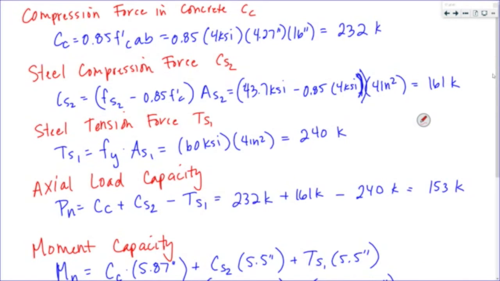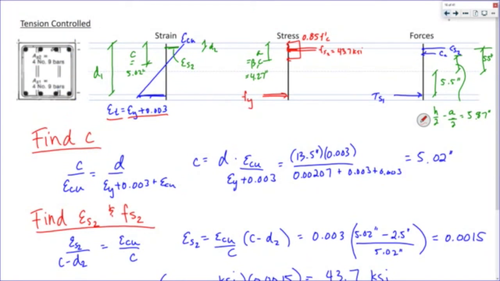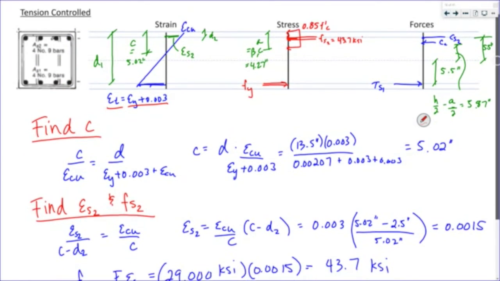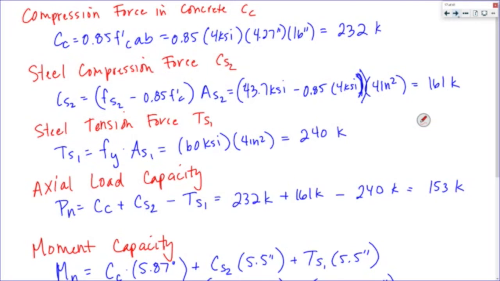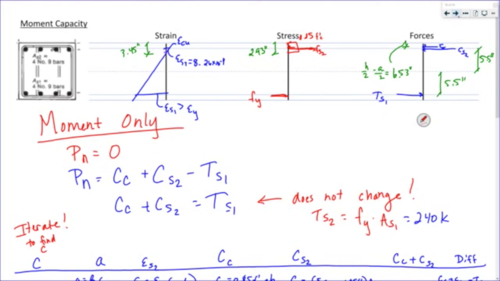That's my depth to my neutral axis. In tension control, it was 5 inches. If you make your C shorter, you increase your strain in your extreme tensile steel.